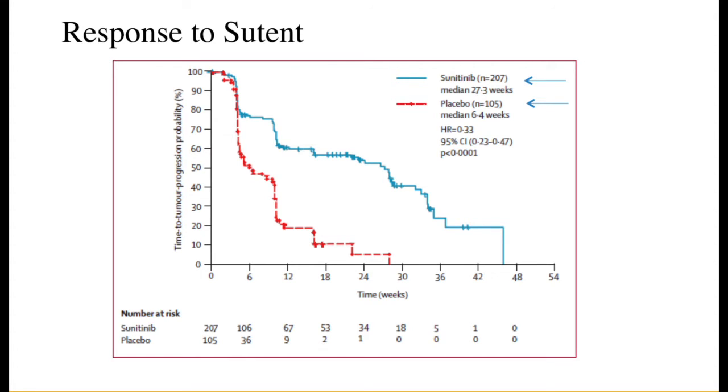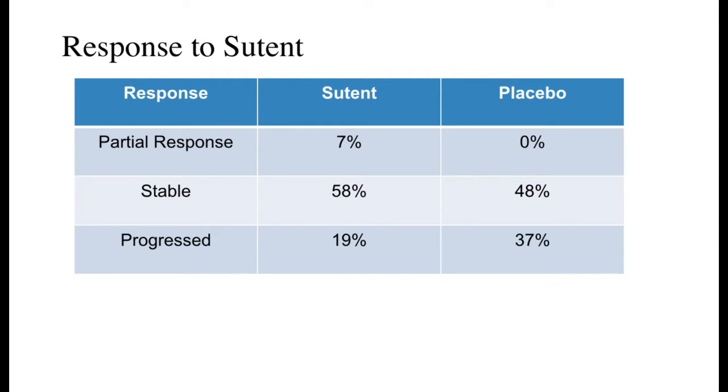And so one of the themes is that the benefit of the second and third line drugs is less and less. But there are outliers, people who do much better than these averages. Remember, this is aggregated across several people. This is the result. You can see that Sutent is better than placebo, obviously.